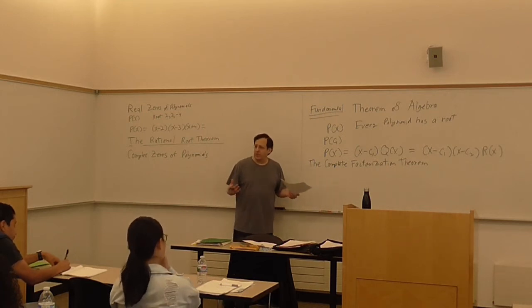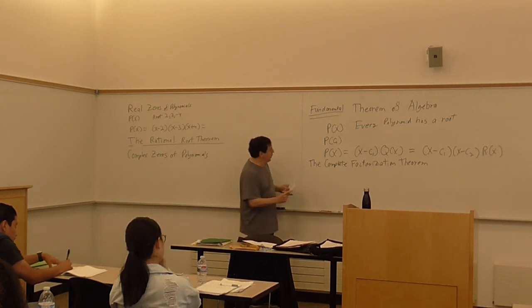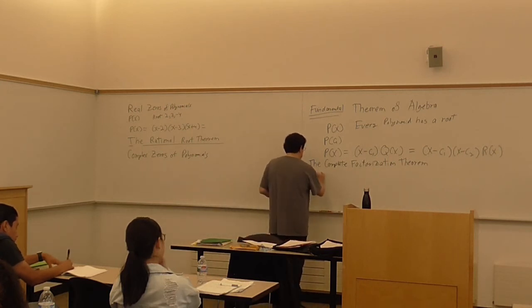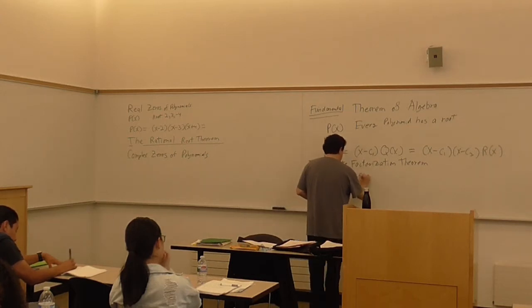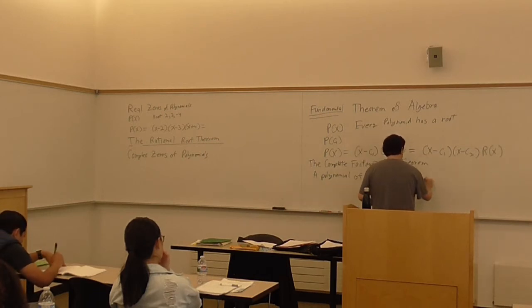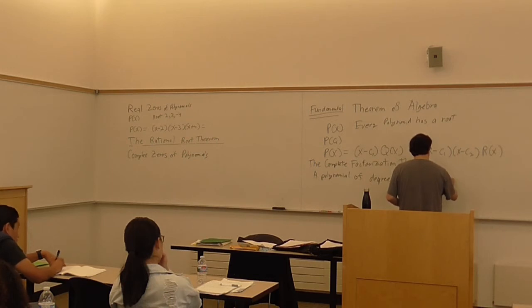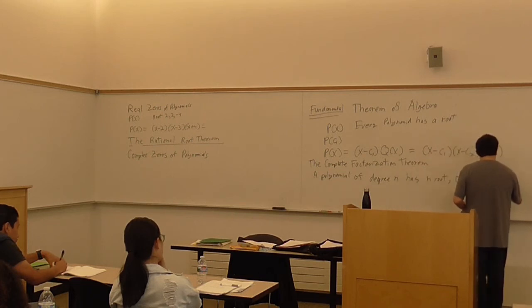That's the real theorem we want, right? Let me write that down. A polynomial of degree n has n roots. And I'll make the author of the book happy: over complex numbers.